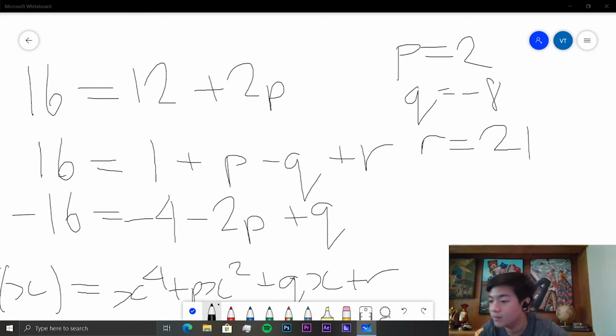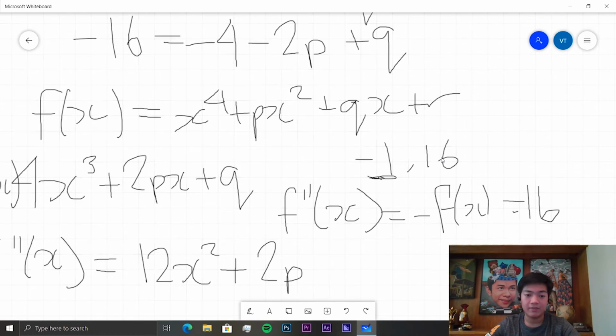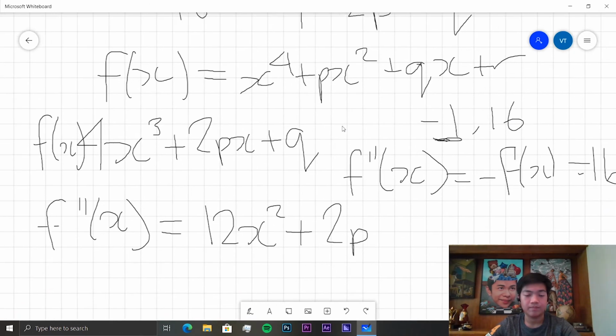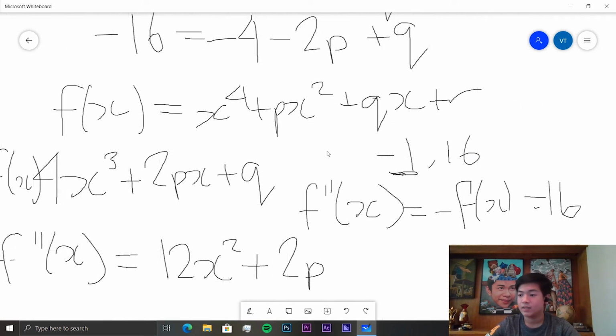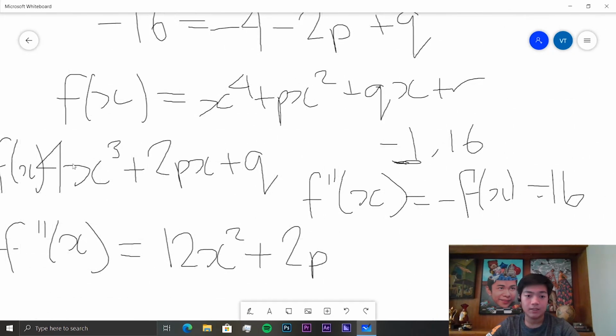Or not. What in the world are they giving me? Sorry, let's go through this again. I think I've made a mistake somewhere. x to the 4 plus px squared plus qx plus r passes through the point -1, 16. Okay, the first derivative is equal to -16. That's 4x cubed plus 2px plus q.